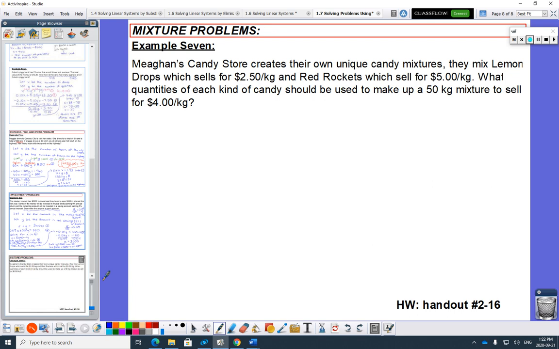So you can choose to just use quantities, the quantity of lemon drops, the quantity of red rockets, or if you're concerned that that'll trigger in your head like counting how many of each of them there are, use the word mass. And it says to do each candy, so I'll just do lemon drops because it's first. Let X be lemon drops.